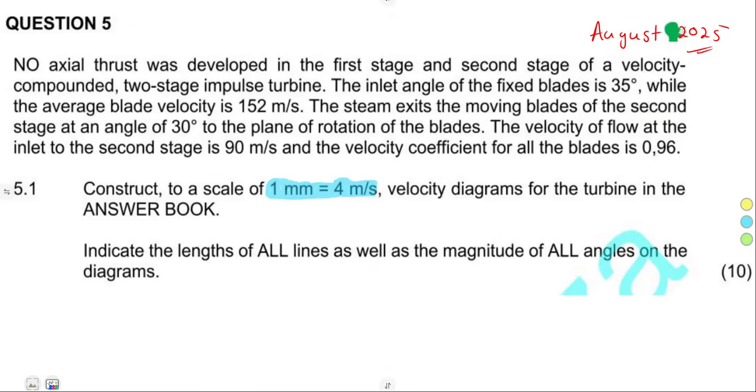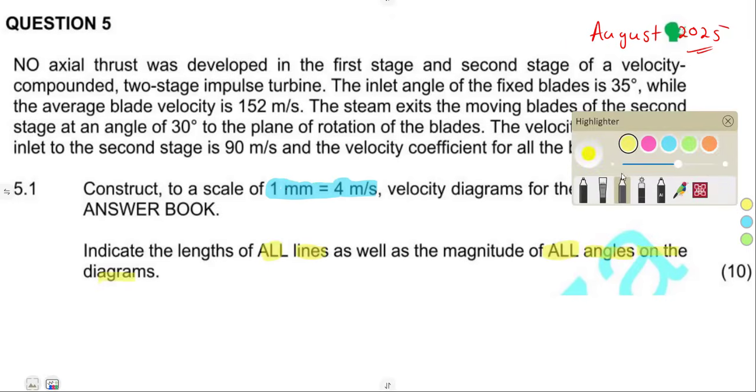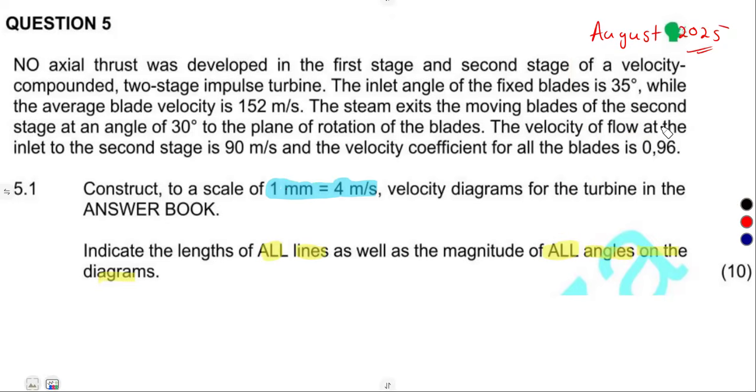This is what we are given as our scale. And we are asked to draw the diagrams for the turbine in the answer book. Indicate all lines as well as the magnitude of all the angles on the diagrams. So everything has to be indicated.